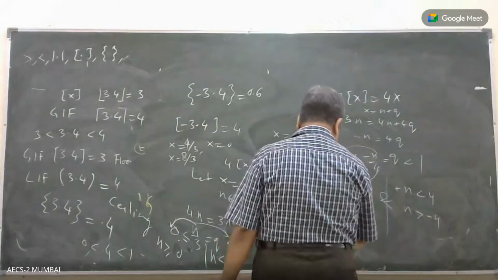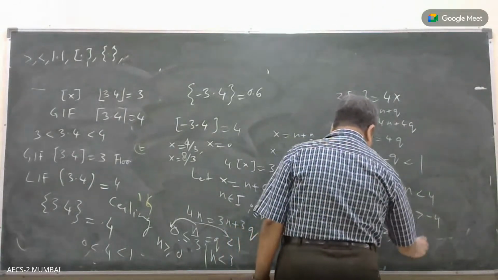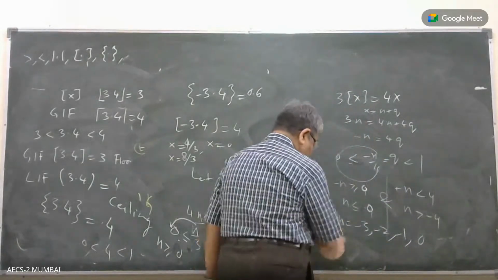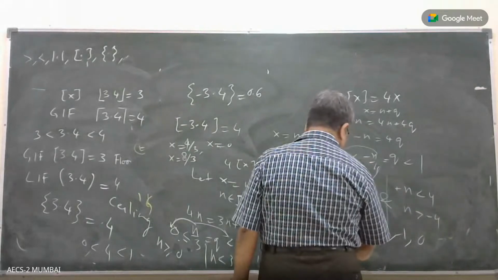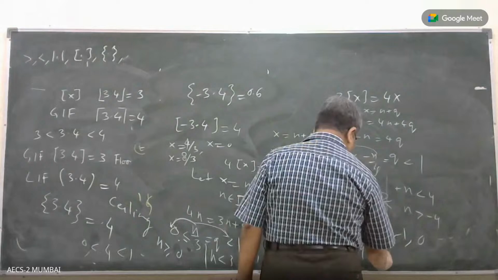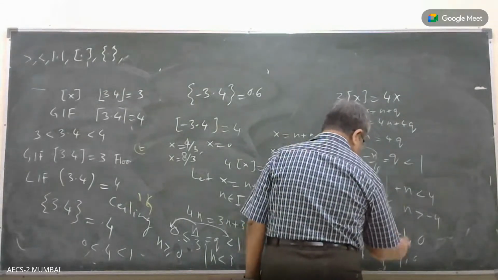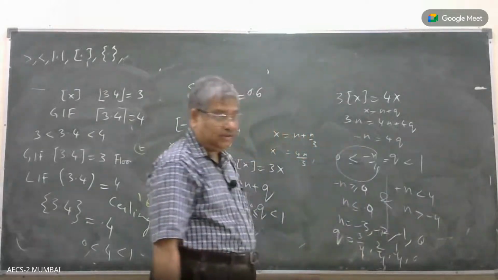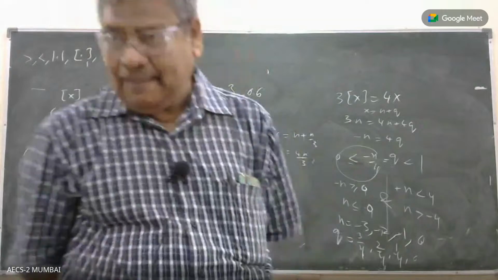So n equal to minus 3, minus 2, minus 1, 0. And q will be 3 by 4, 2 by 4, 1 by 4 and 0. And add them. You've got 4 solutions.